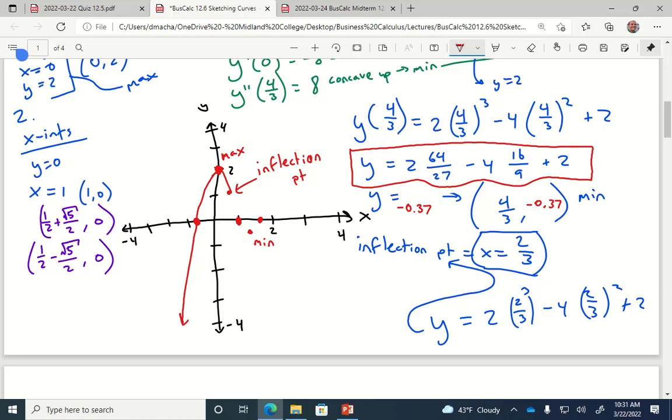I can't keep going up, otherwise it wouldn't be the maximum. I'm going to pass through my inflection point where I go from concave down to concave up, through my x-intercepts, through my minimum. I have to turn around at the minimum. I can't keep going down, or otherwise that wouldn't be the minimum. I go back through my x-intercept. And again, on the right of my inflection point, I have to remain concave up, forever going to the right, and so I am forced to just continue increasing forever. And so that's a pretty good sketch of this graph.